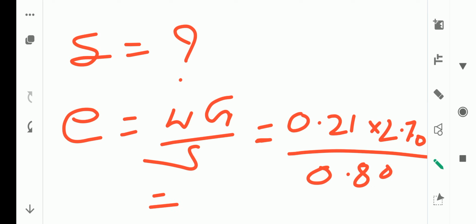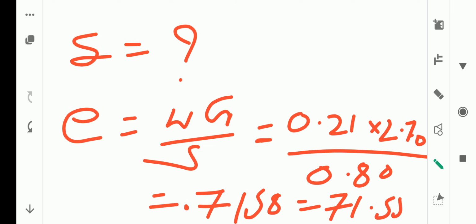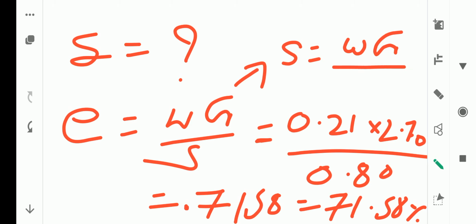After calculation using calculator, we will find that it is 0.7158, and in terms of percentage, you will get 71.58%. Now we have just interchanged the position of E and S, so using this formula we get S is equal to W G upon E.